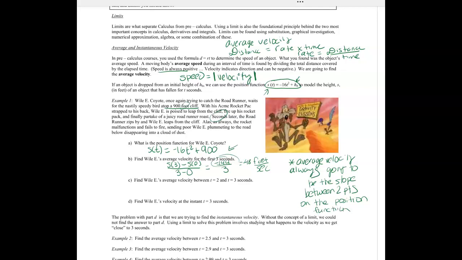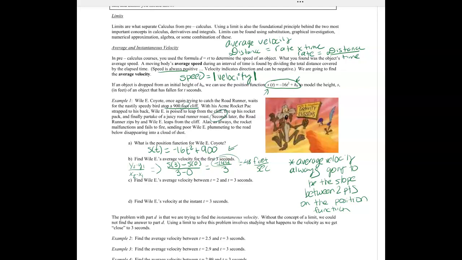Because, fun fact, that just is like y sub 2 minus y sub 1 all over x sub 2 minus x sub 1. That's all that is. Fun fact. Rate of change.